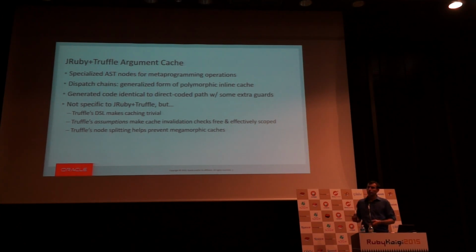So if you envision that argument cache like an inline cache, the problem is it would be associated with the metaprogramming method. So if you were calling send, for instance, from 100 different places with 100 different arguments, you'd blow out your cache very quickly. What you really want is that cache value to be associated with the caller of send's call site.